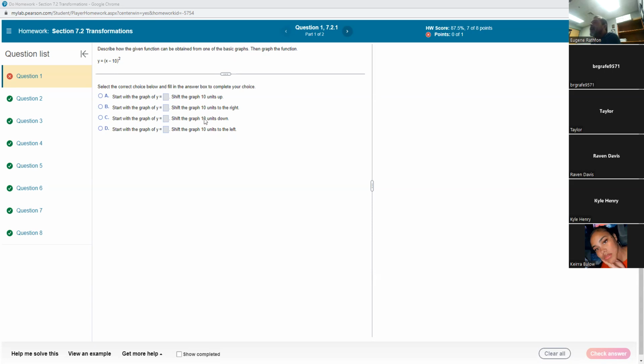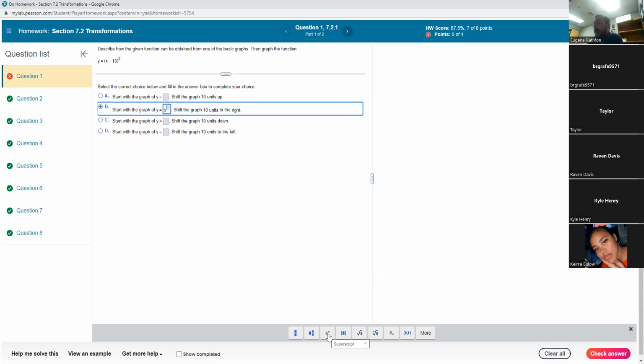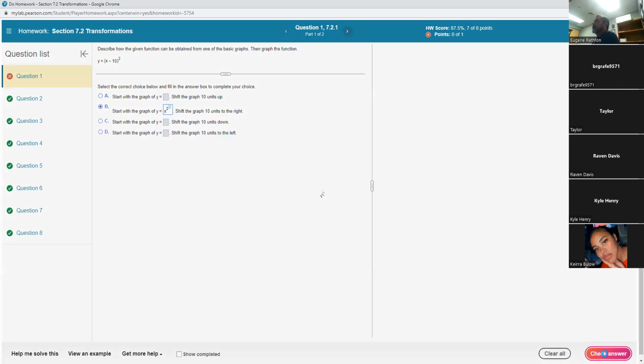So it's going to be right 10. That would be what, B? And then I guess we started with our x squared graph. So x and square that. I don't think I actually submitted it earlier.